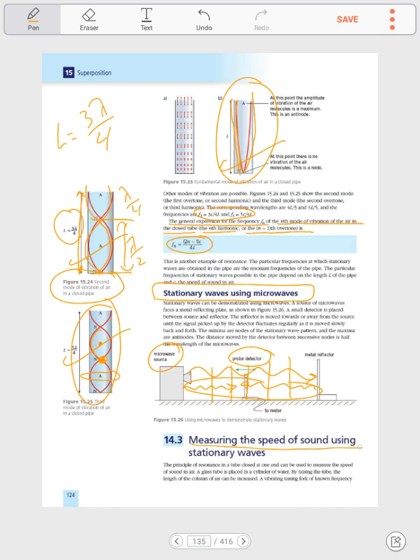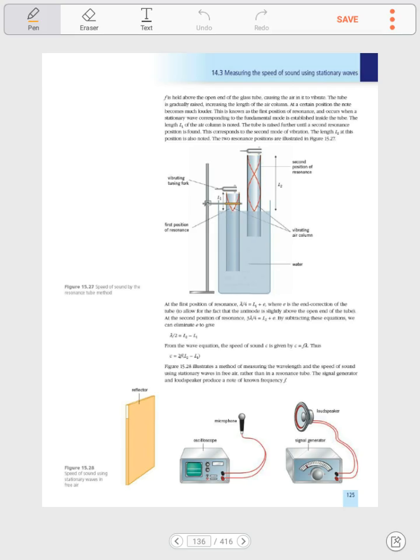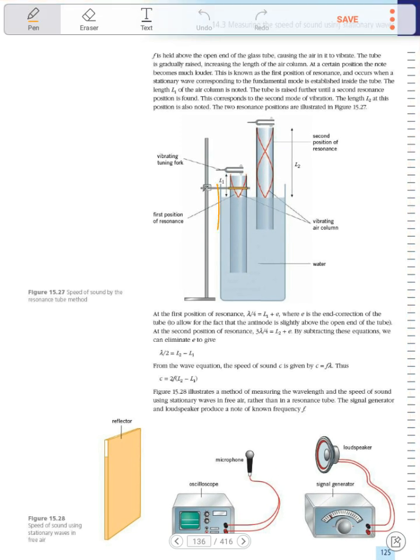Measuring the speed of sound using stationary waves, as we mentioned before. Here we have a big tube full of water, and we have a tuning fork. We make the first signal and start moving this tube up, so the empty space increases.